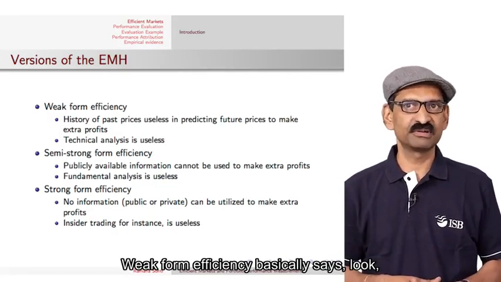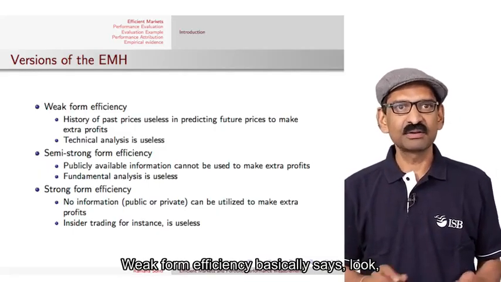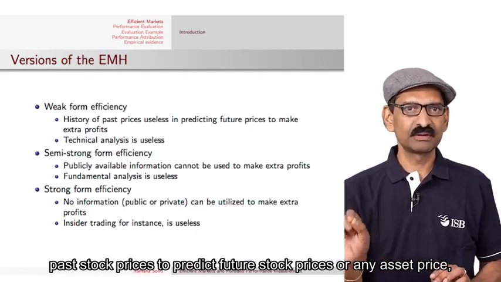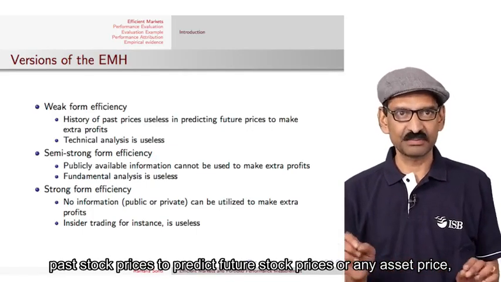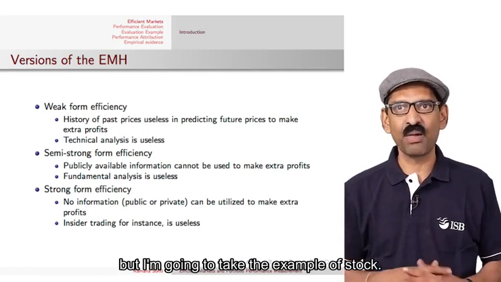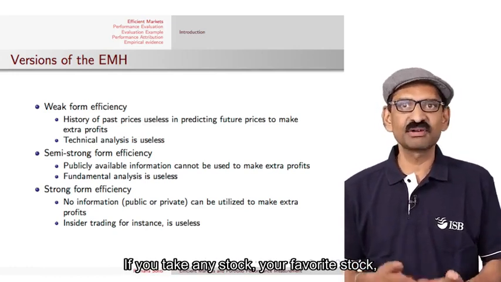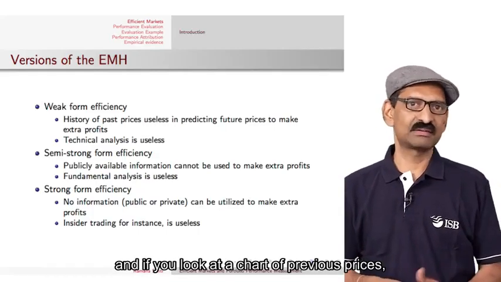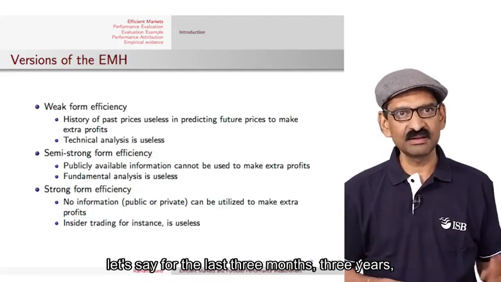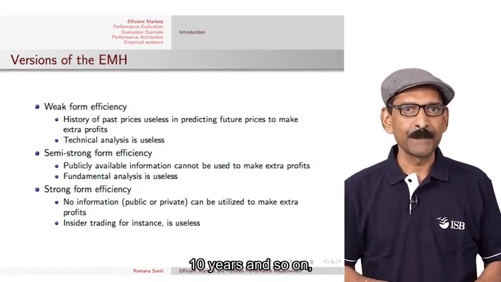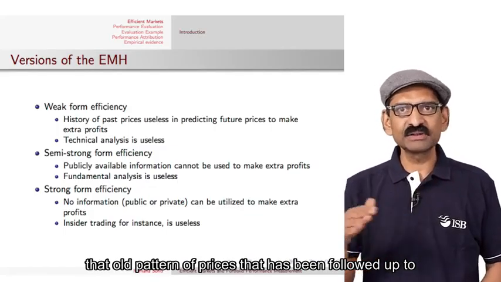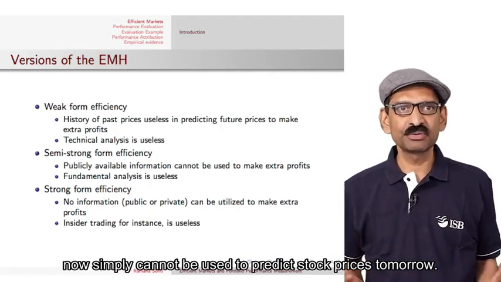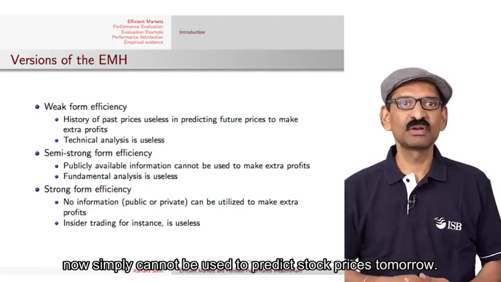Weak form efficiency basically says, look, you cannot use a series of past stock prices to predict future stock prices, or any asset price, but I'm going to take the example of stock. If you take your favorite stock and look at a chart of previous prices, let's say for the last 3 months, 3 years, 10 years, and so on, that whole pattern of prices that has been followed up to now simply cannot be used to predict stock prices tomorrow.